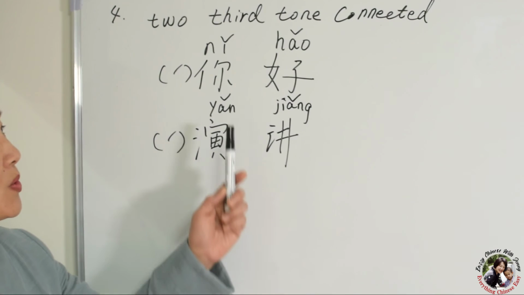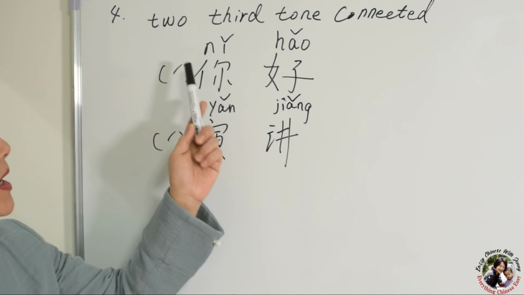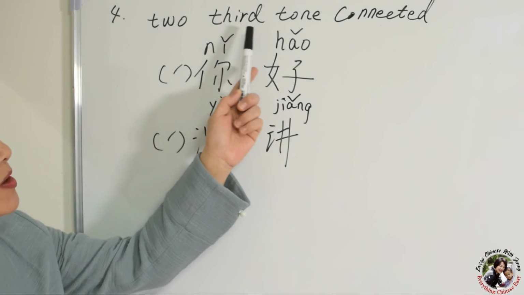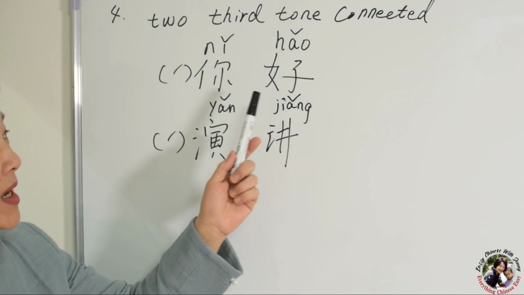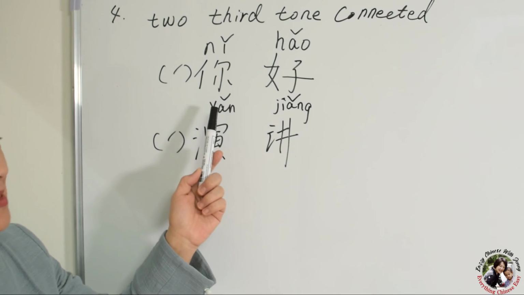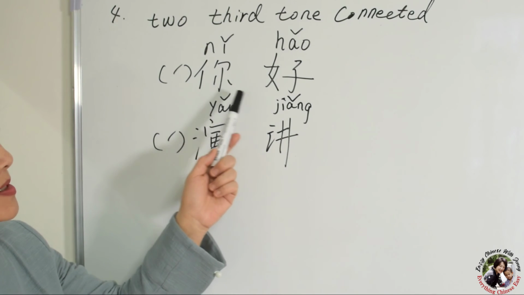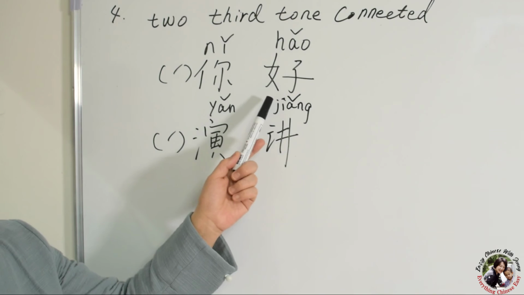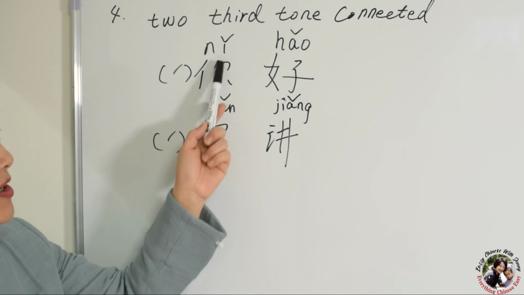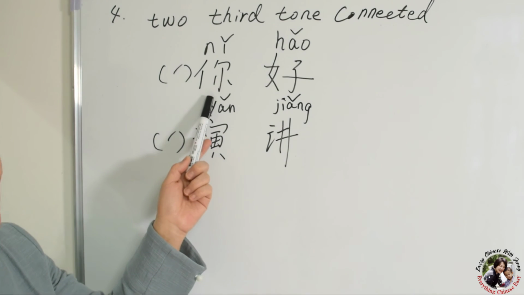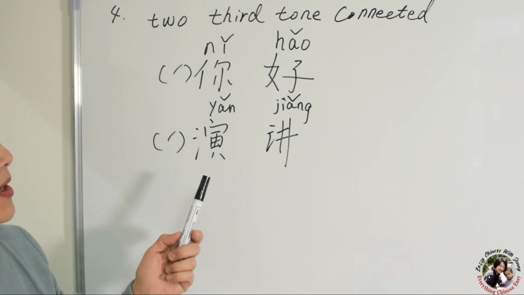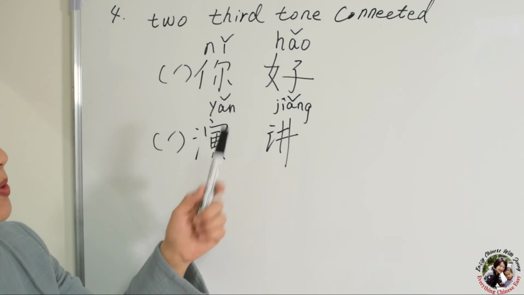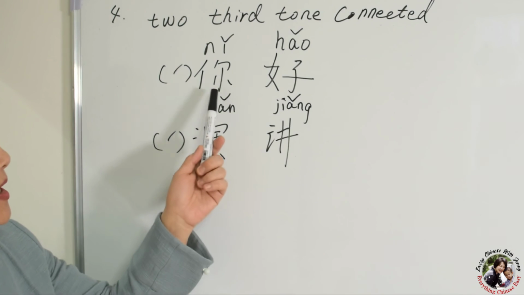Here is another rule for tone variation, when two third tone characters are connected together. I give you an example. First, these two characters together. I think we have learned both. 你好. This is a very common word for people greeting each other.